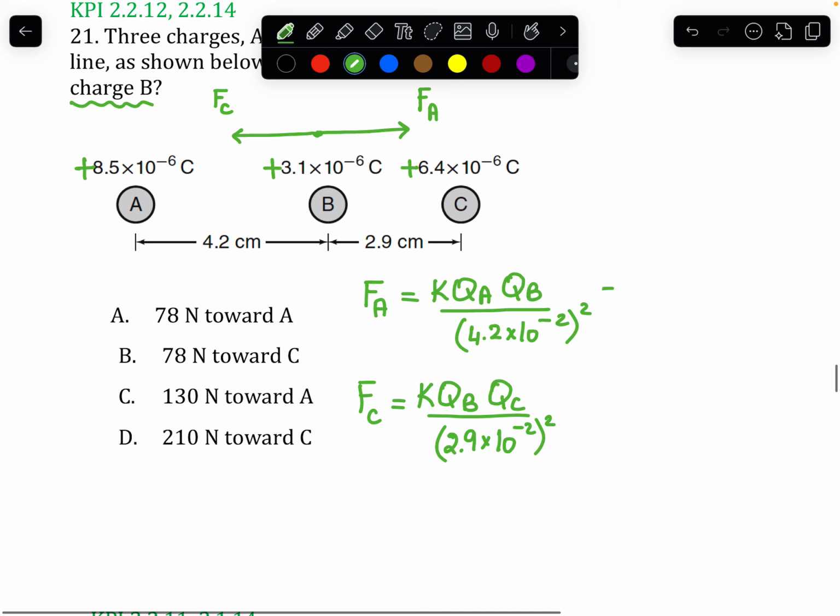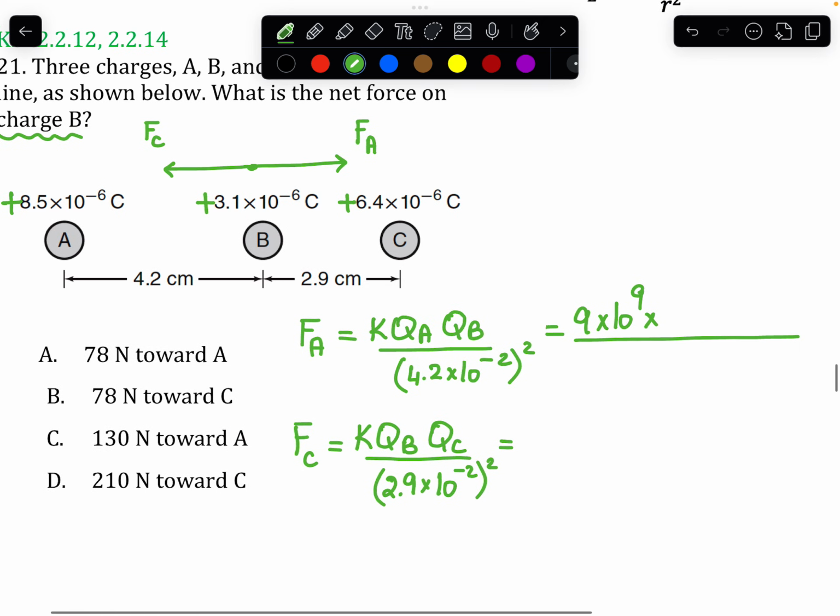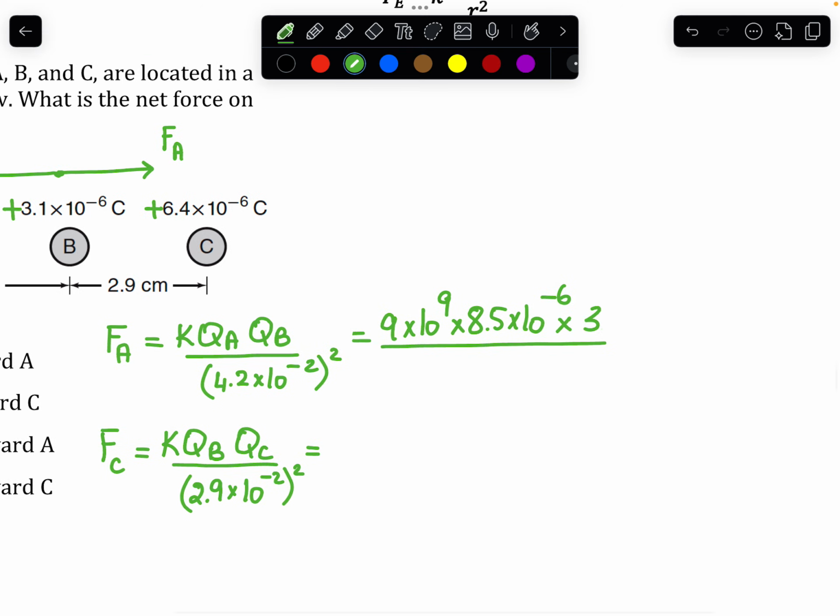Once I have each one, by replacing them by their values, the first is 9 times 10 to the power of 9, times 8.5 times 10 to the power of negative 6, times 3.1 times 10 to the power of negative 6, divided by 4.2 times 10 to the power of negative 2, the whole thing squared.